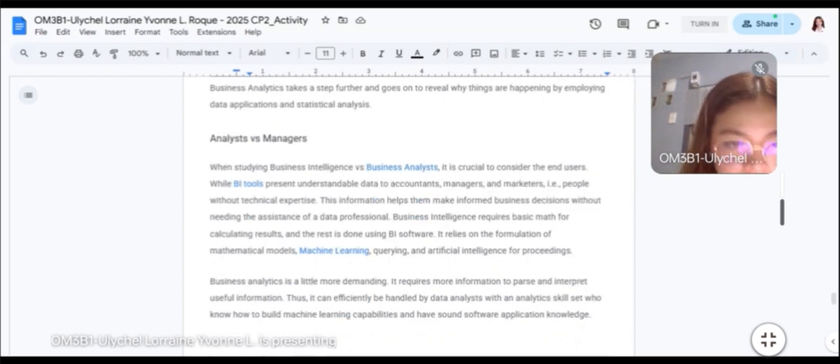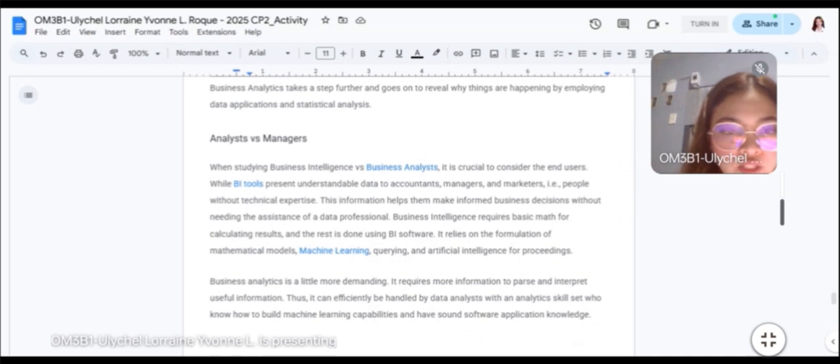Analysts versus managers. When studying business intelligence versus business analytics, it is crucial to consider the end users. BI tools present understandable data to accountants, managers, and marketers, people without technical expertise.